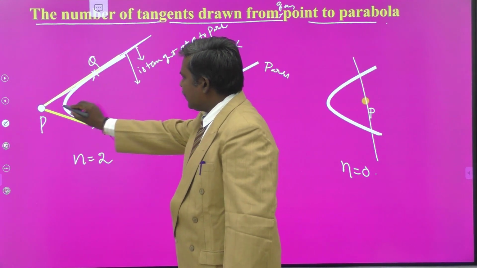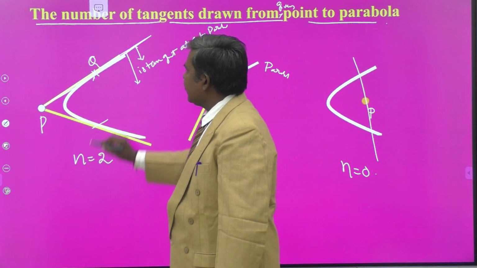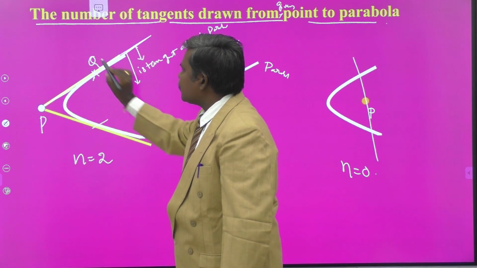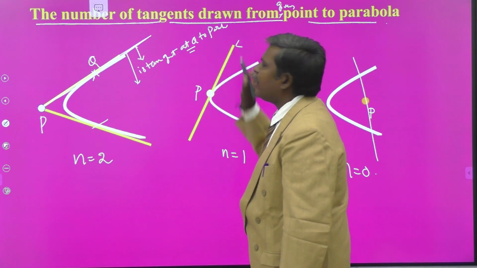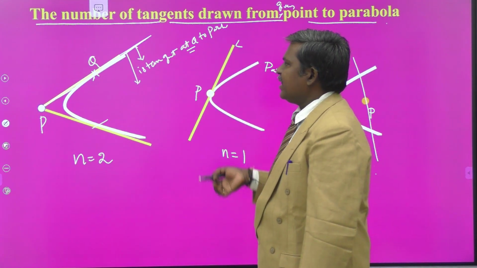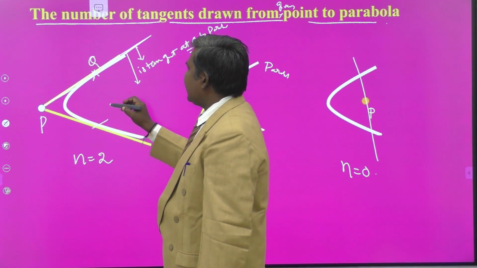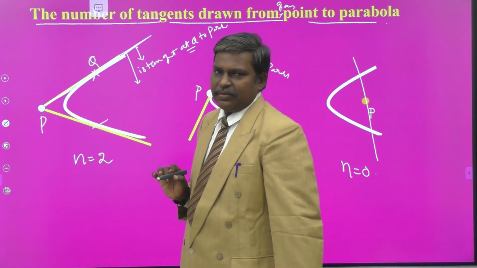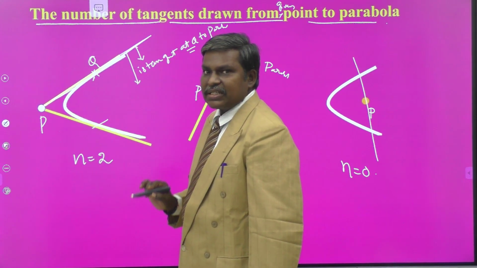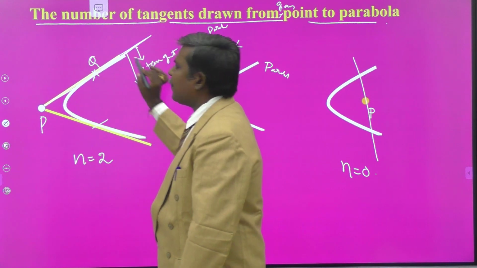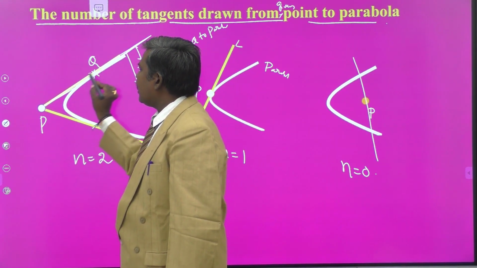So here P is outside, this is the tangent through the point. Here the tangent is also through this point Q, I agree with you, but we say that it is tangent at that point. Tangent through the point is nothing but tangent at this point in the case of Q. Tangent through the point is not tangent at P to the parabola, since the point is not on the curve.